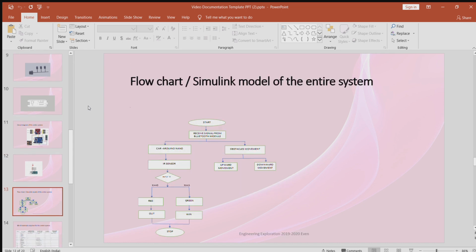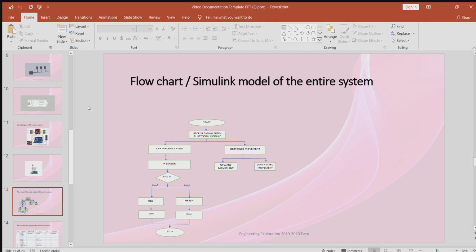This is the flowchart for the entire system. As soon as we start the game, we receive the Bluetooth module for both car Arduino Nano and lane Arduino Mega. The Arduino Mega controls the obstacle movements, it starts upward movement and the downward movement.